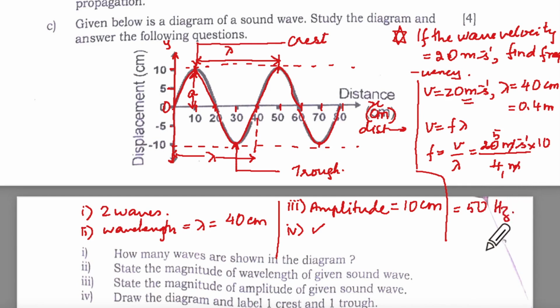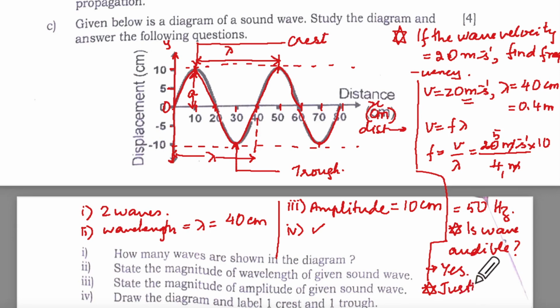Okay. Then the next question they can ask you is, is the wave audible? What will you say? The answer will be yes. Correct? Because, and next the question will say justify. What does the word justify mean? Give reason.